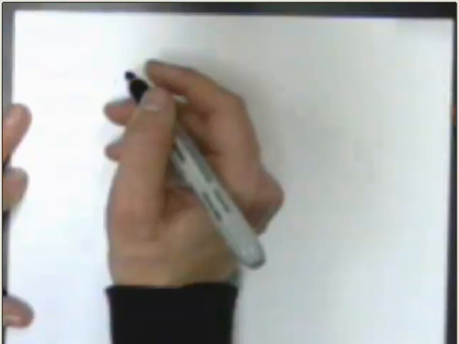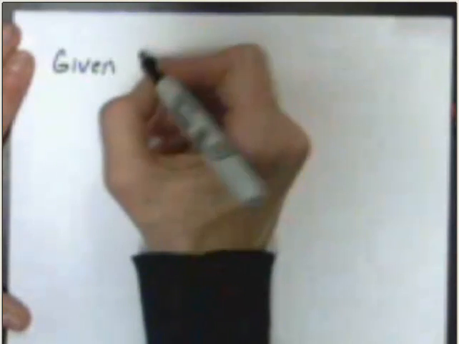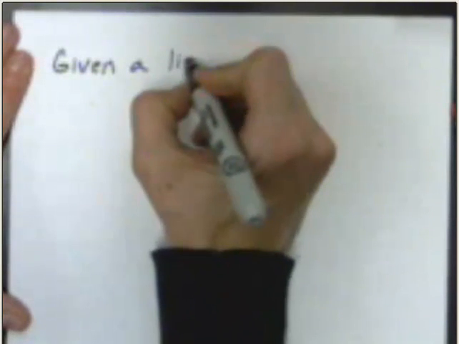Let's practice finding slope a few more times. And we may even graph some lines, just for kicks. Let's see. I'm going to give you 2 points. Given a line that goes through these 2 points.